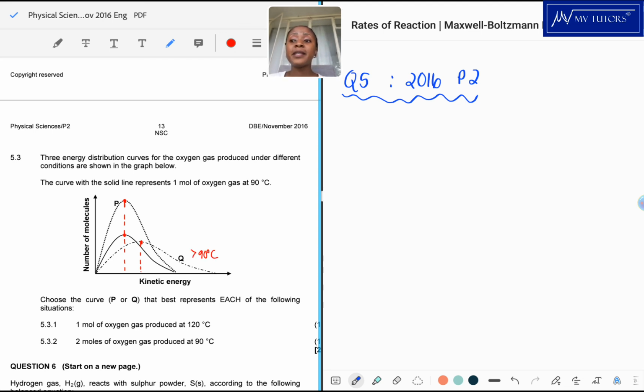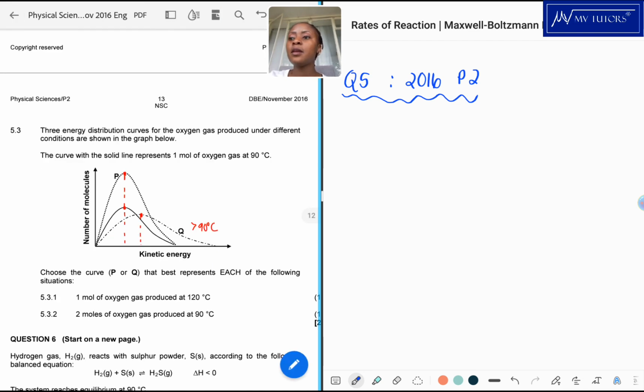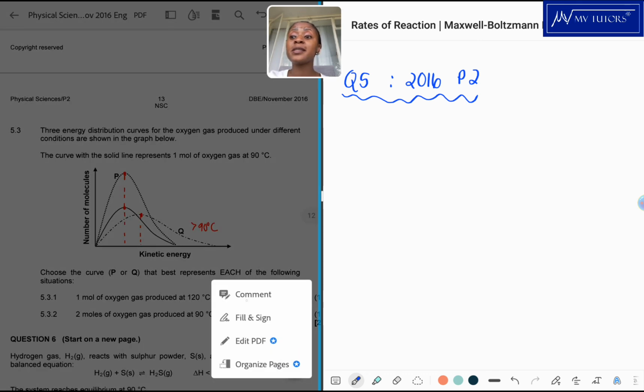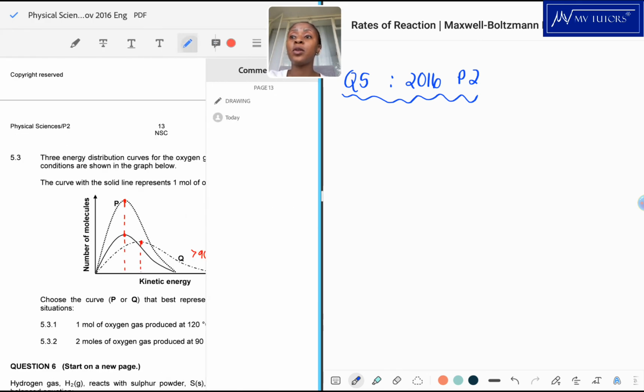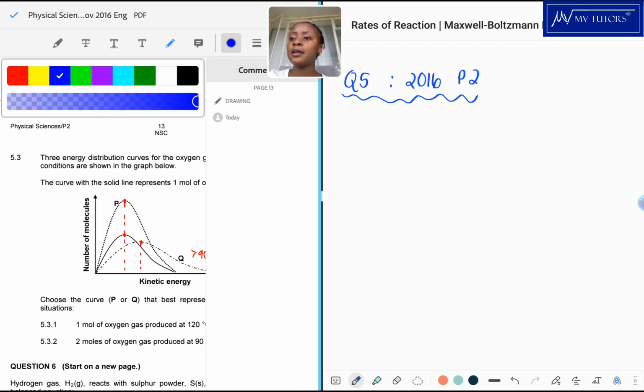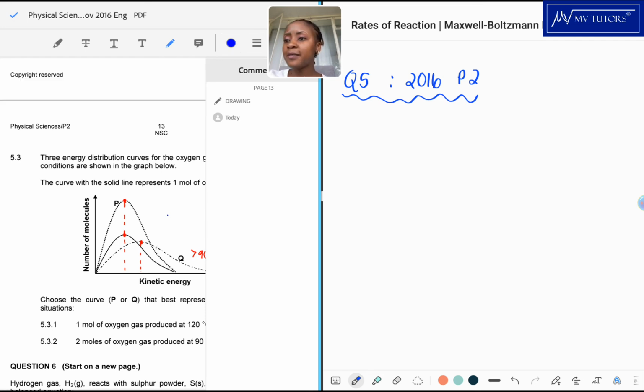Okay, and then it means that the only place where your activation energy would actually shift is when you have added a catalyst. So in this case, I don't think any catalyst was added, so it means that the activation energy is the same for all of them. Okay, let me just change color and remove this. I don't know how to remove it, but basically the activation energy is the same for all of them.